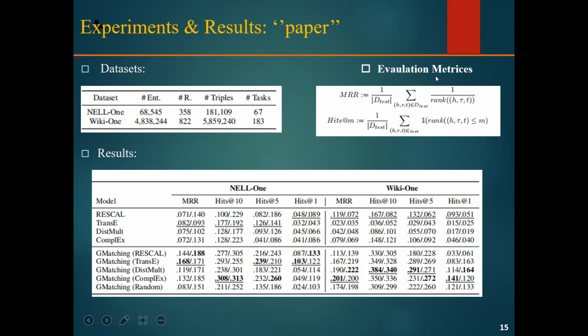which is common for the link prediction task: the mean reciprocal rank, and the hits, which is the proportion of the correct entities in the top n ranks. As we do the ranking, in the top n ranks, we know the number of correct entities.